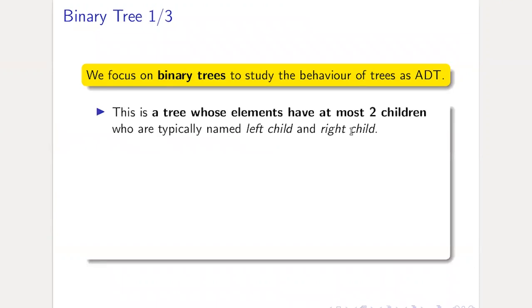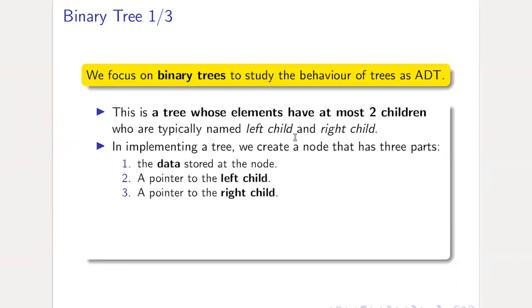If you take a node in a binary tree, it may not have any children, in which case it is a leaf node, or it may have just a single child, or it may have 2 children, left and right, not more than that. They are normally named left child and right child.